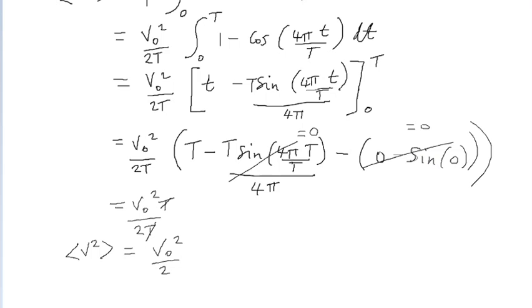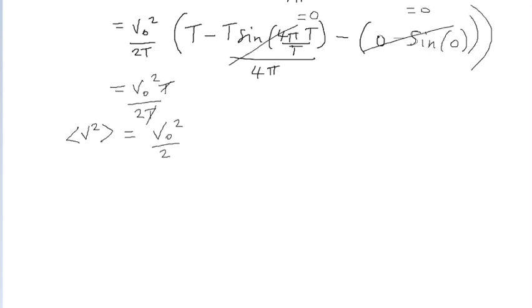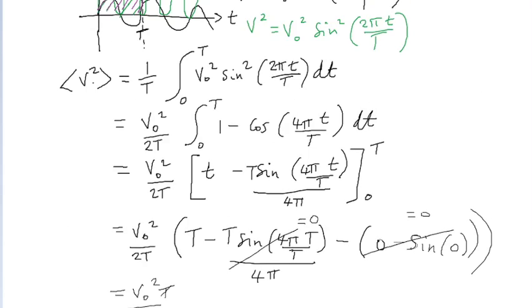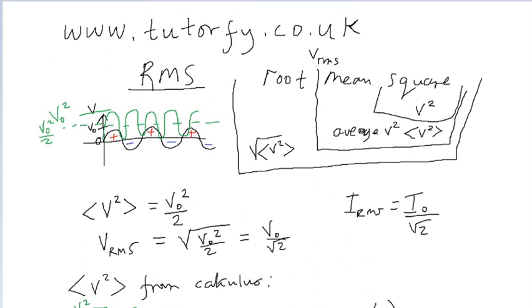Okay, so at this point we can go back to our definition of root mean square right here. So we've got the average of v squared. We found that to be v naught squared over 2 using calculus, and VRMS is when we take the square root of that and we get v naught over root 2.